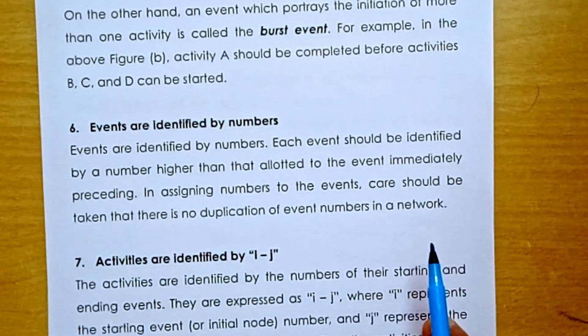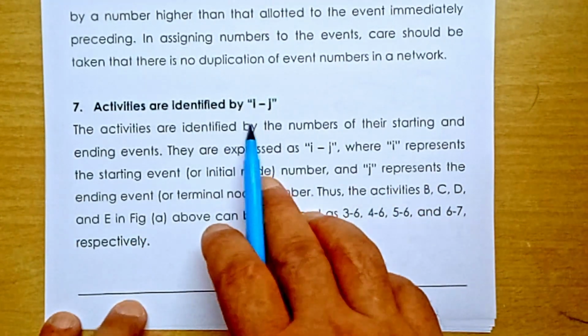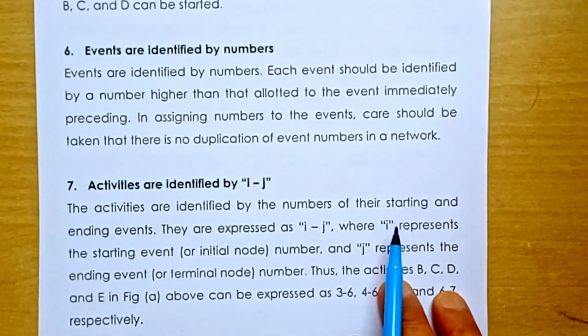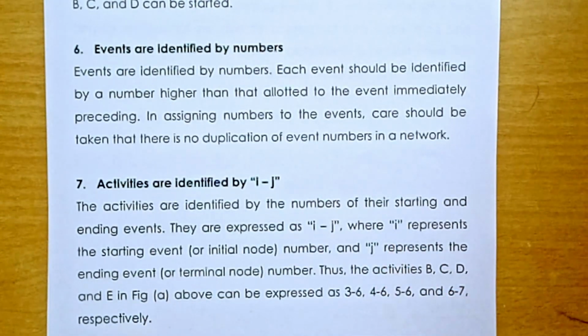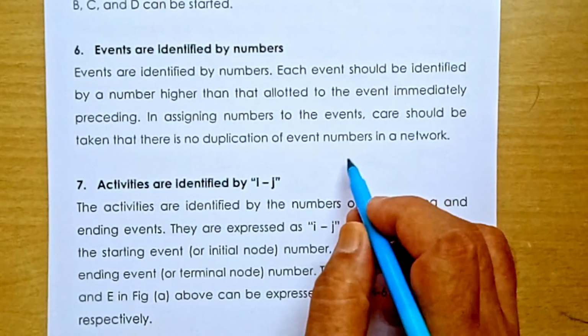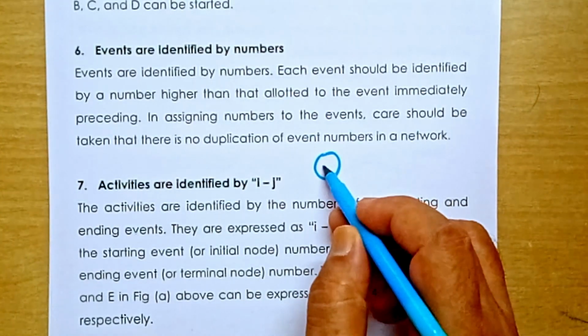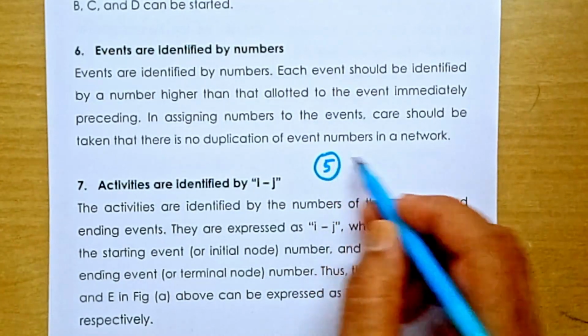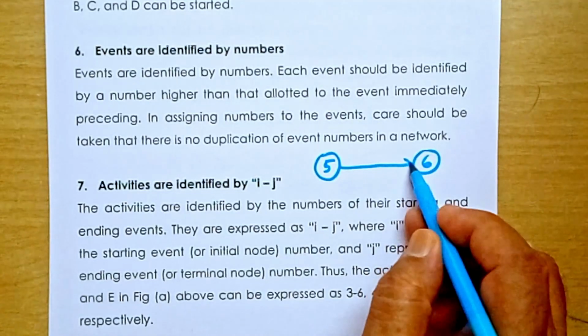Activities are identified by I to J, from ith node to jth node. Say one event is event number 5, and another is event number 6, and this is an arrow.